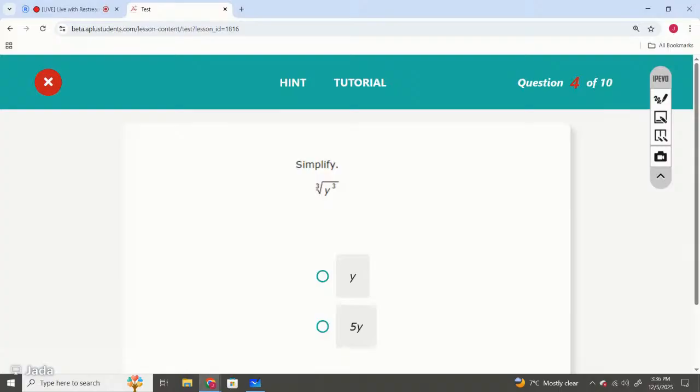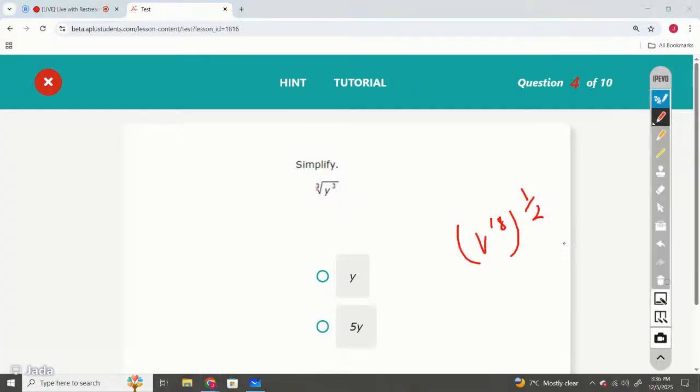Simplify cube root of y cube. So basically that is a cube root, right? So we can write this cube root as y cube to the power 1 by 3, right?